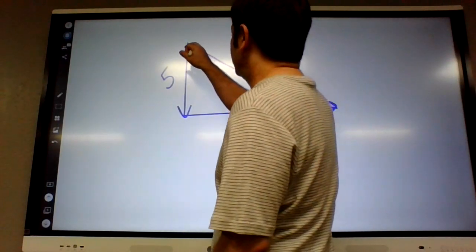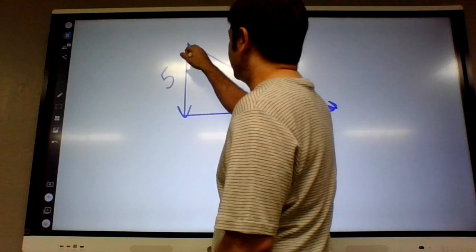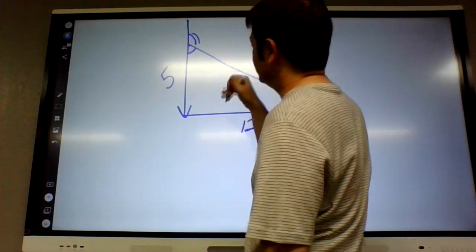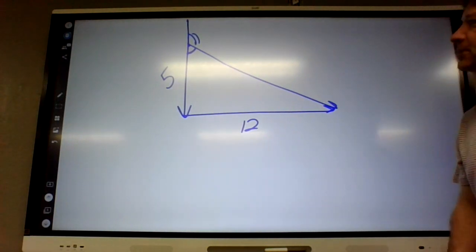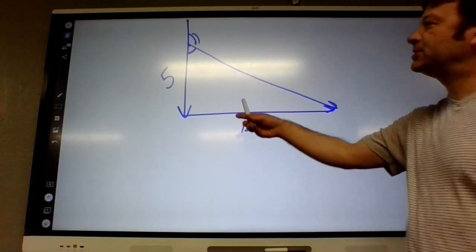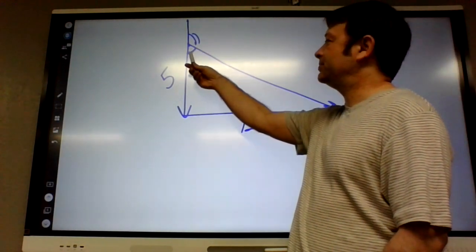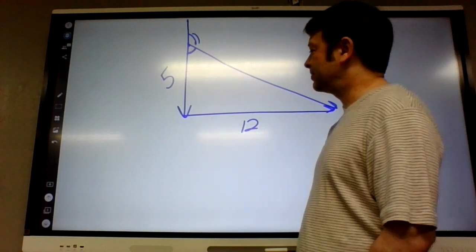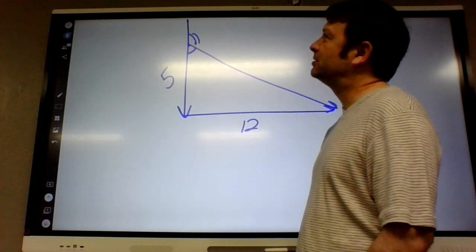If we found this angle and did 180 minus that, that would give us this angle. You could say it's that many degrees. Or you could say find this angle and do like that many degrees north of south, east of south.